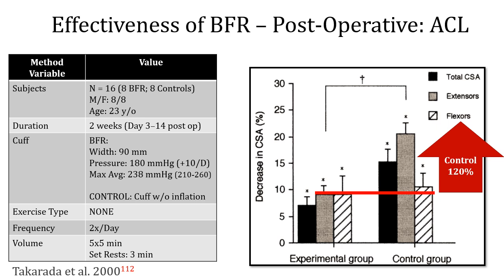And so the control group lost 120% greater muscle mass out of their quadriceps as compared to the experimental group, thus speaking to the potential value and the preservation that just the occlusion, specifically ischemic preconditioning, has on the important preservation of the muscle mass, due to the mechanisms at play: the increased growth factor and hormone release, and the blunting of myostatin, which is one of the hormones that also contributes to the significant decrease in muscle protein synthesis in these rehab individuals.